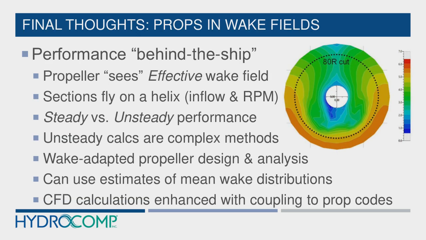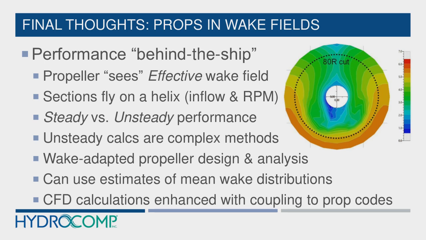So just some final thoughts on performance behind the ship. A propeller sees an effective wake field. Sections fly on a helix or helix segments that are created by the inflow and the propeller's RPM. We have steady versus unsteady performance.